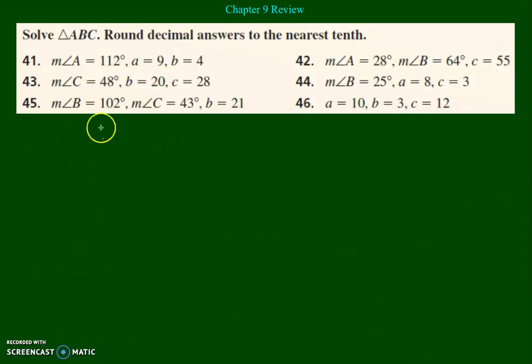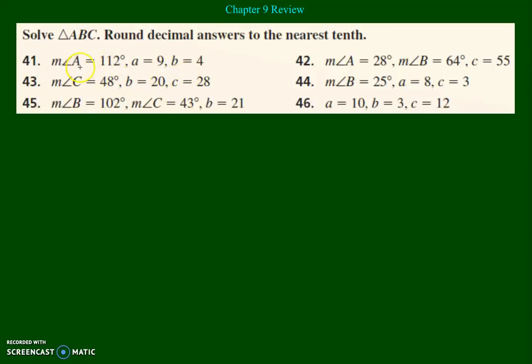In problems 41 through 46, they're asking us to solve for these triangles, and they're giving us a very limited piece of information with each one, which means that we're going to end up having to use the law of sines or the law of cosines, or in some cases both, depending on what we're looking for.